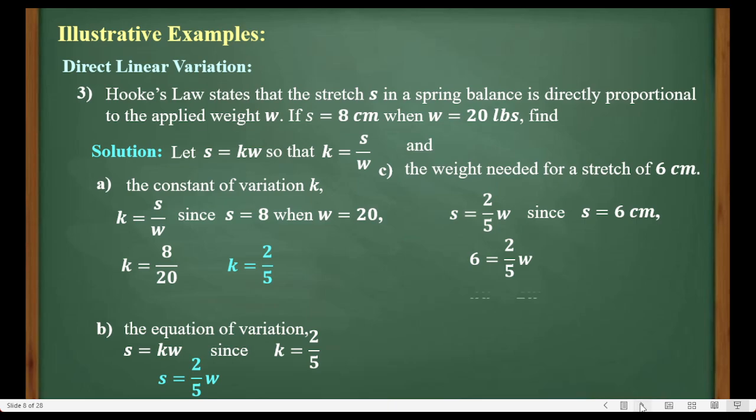At this point, the equation becomes 30 is equal to 2W, and then divide both sides by 2. Therefore, your W will be 15. Okay, the required weight for a stretch of 6 centimeters is 15 pounds. So that is the answer to number 3. These are the answers in number 3 from A to C.